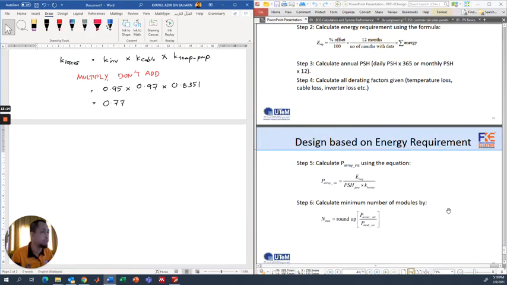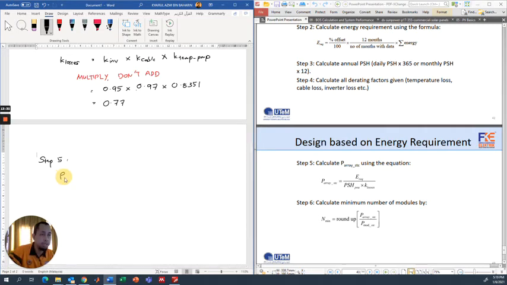Okay, so now we move on to step number 5. We calculate the P array STC using the equation here.